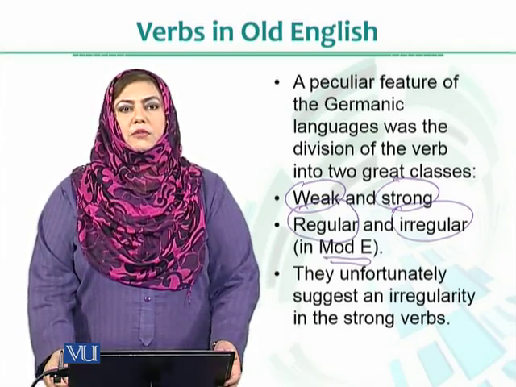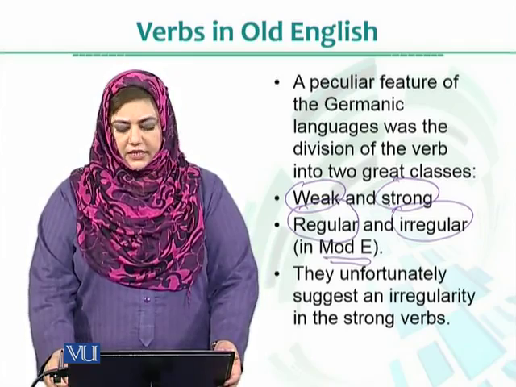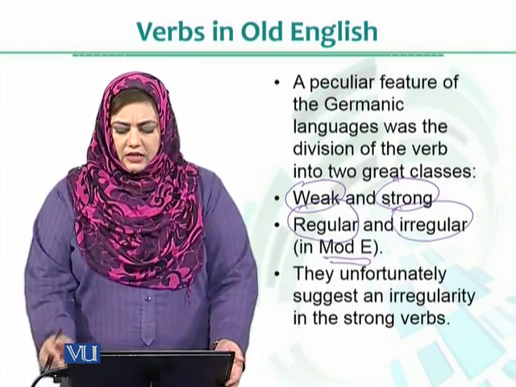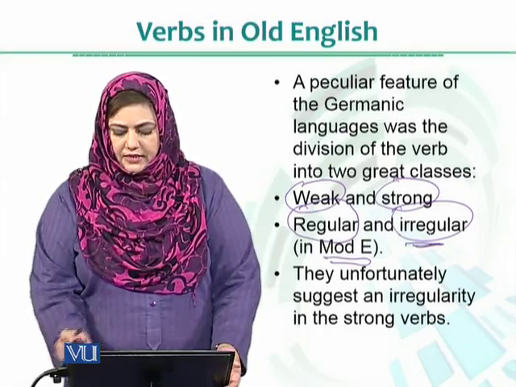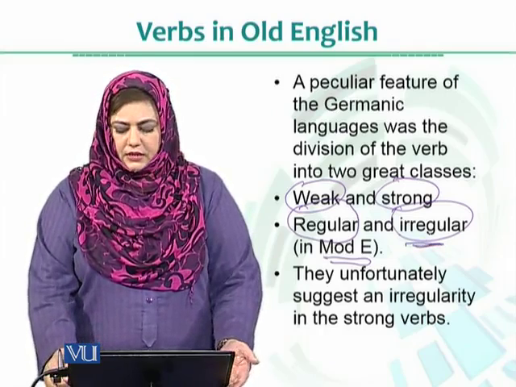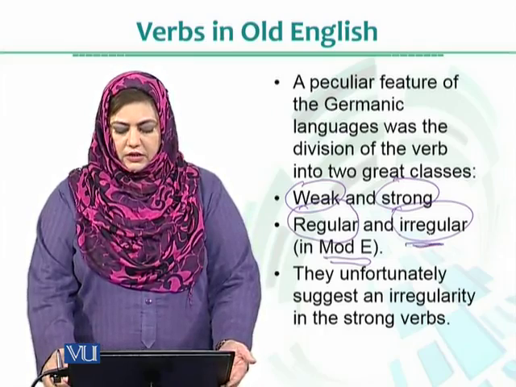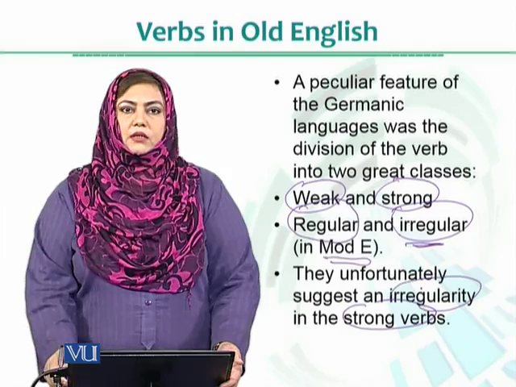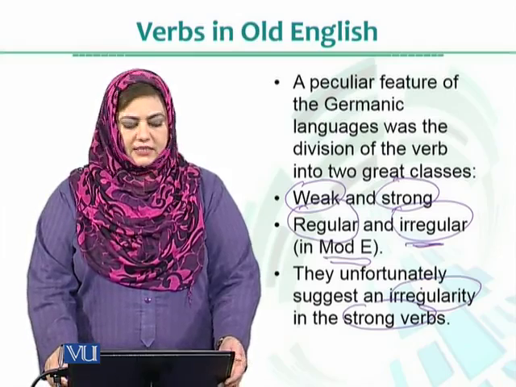This choice of terminology of regular and irregular verbs, however, unfortunately makes certain suggestions. The use of the word irregular gives a kind of connotation that strong verbs were irregular, which in a way affects their position.